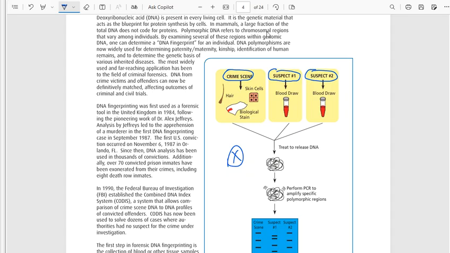I mean, we're talking about multiples of a million, if not a trillion fold, in order to get something to run on the electrophoresis slab. And this process, amplifying it, multiplying it by who knows how much, comes from the process of PCR, polymerase chain reaction.